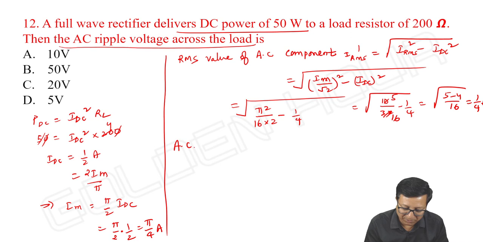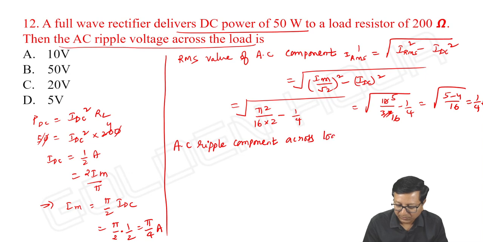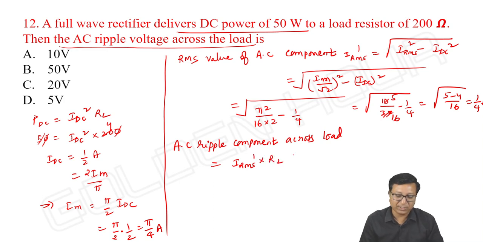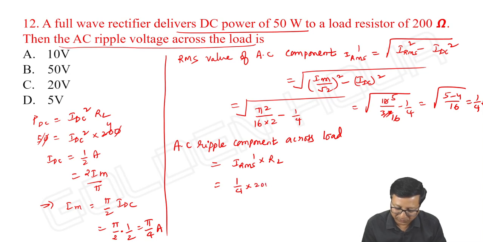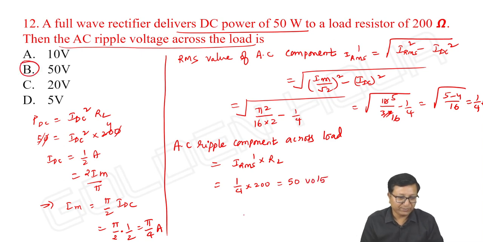Across the load, it is nothing but IRMS dash into RL, which is 1 by 4 into 200. So it is 50 volts. So option B is correct.